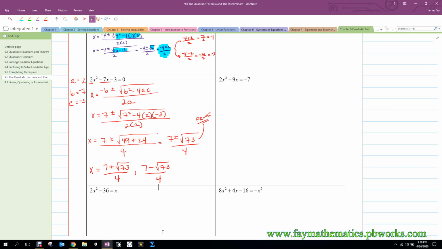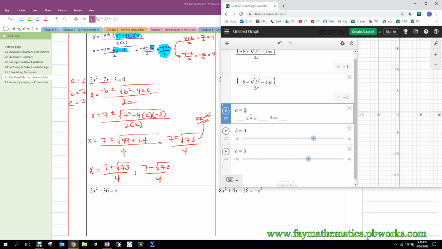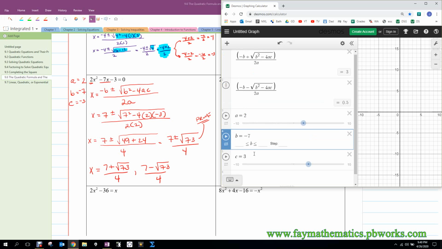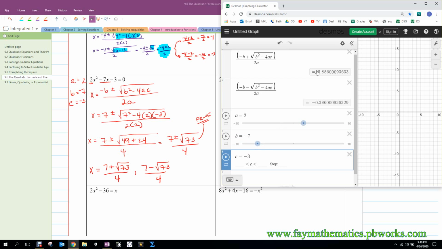But we talked earlier that this root 73 is a symbol for another number. It's an irrational number. In WebAssign, or not Math Excel, I'm sorry, they're going to ask you to type your answers in and round it to like a certain decimal place. So if I put in 2, -7, and -3 here, okay, we see these values.